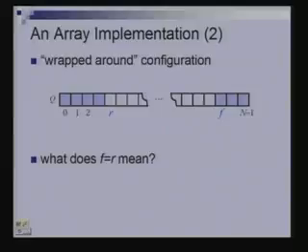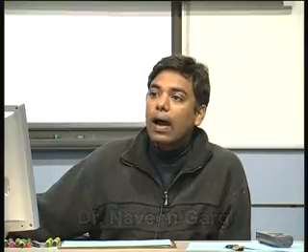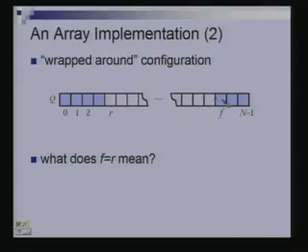So, if at some point I reach a situation when F equals R, what does this mean? Empty or full? When it becomes empty, what will happen? Suppose starting from this point, I kept removing the elements.